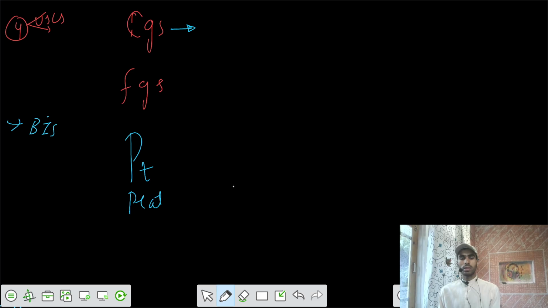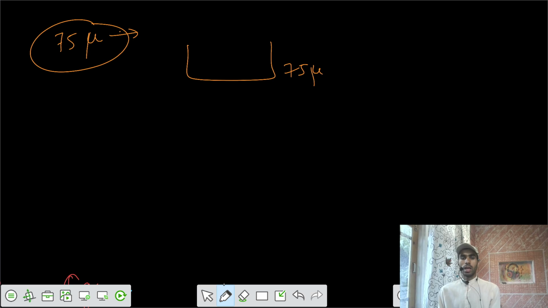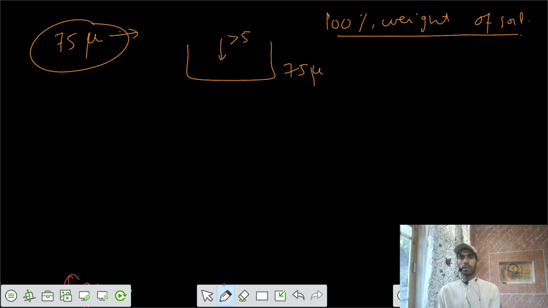Coarse grain soil means either sand or gravel. If we talk about the sieve analysis, what was the smallest sieve we have? This sieve was 75 micron. If the total weight of the soil is 100%, and more than 50% of the soil is going to be retained on this sieve, we can say this soil is coarse grain soil.